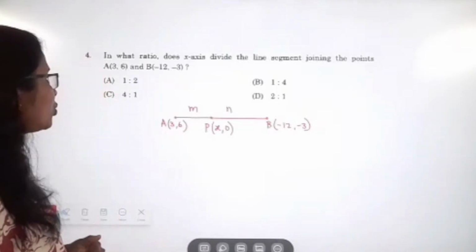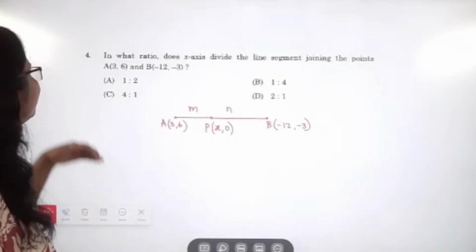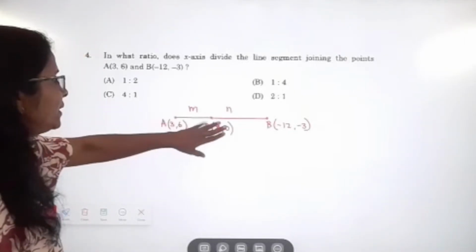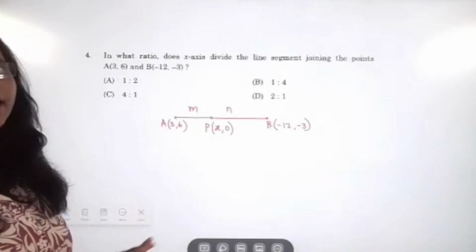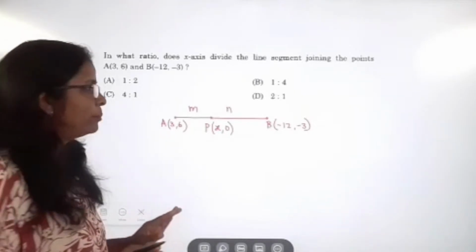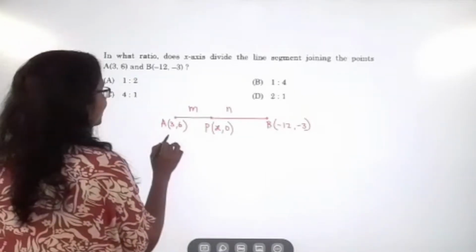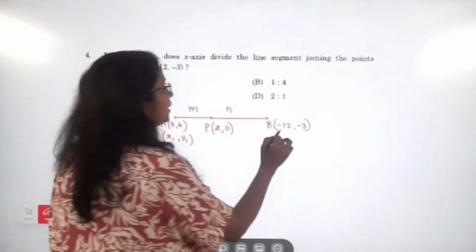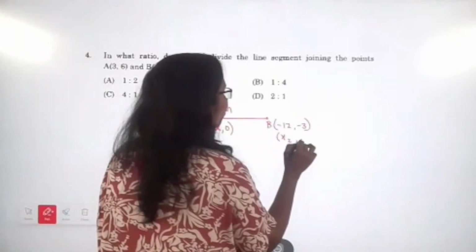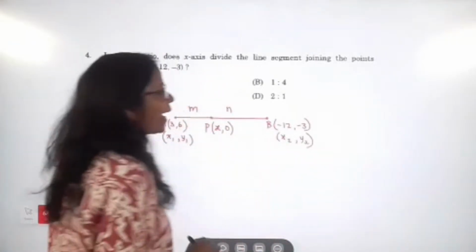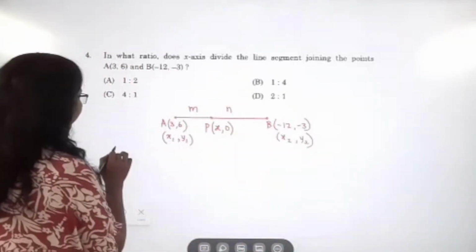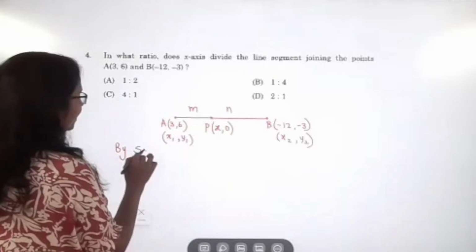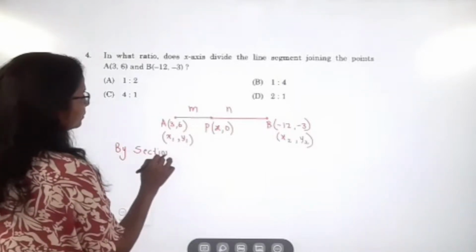So now here, students, by the section formula we can solve this example. Suppose A(3, 6) we consider as x1, y1 and this as x2, y2. Okay, students, and then we write down by the section formula.